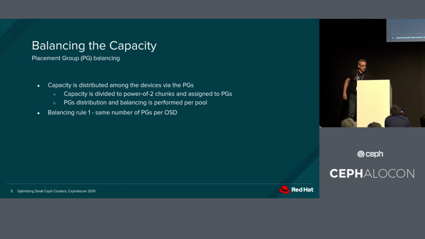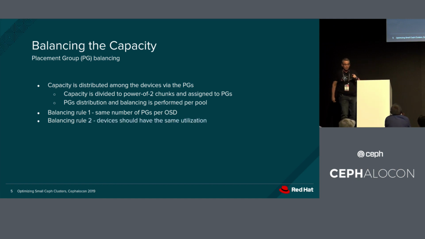Then we have balancing rule number 2, which usually takes precedence, but it's here because it's not related to performance. We want devices to have the same utilization. We want all the devices to be 50% full or 60% full or 30% full, because when we have a device which is 100% full, we start getting errors.